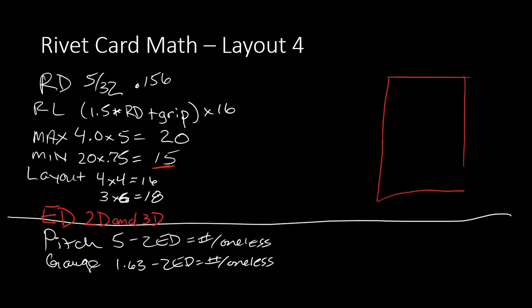So you have your pieces of metal, and this is 1.63 and this is 5 inches. So that's my edge distance all the way around. I know where my first and my last rivet is. Once I find out pitch, I'll know where all my other little rivets go. So I'm going to try to draw them the same over here.